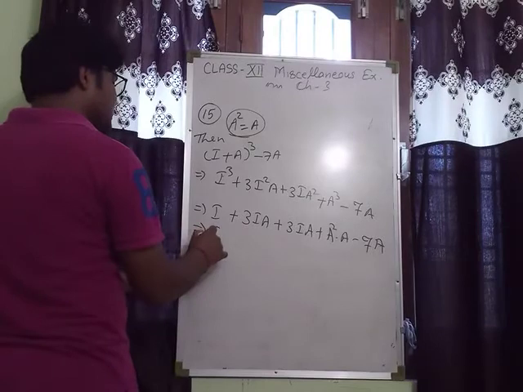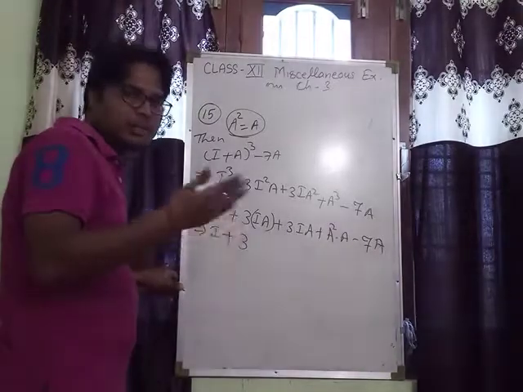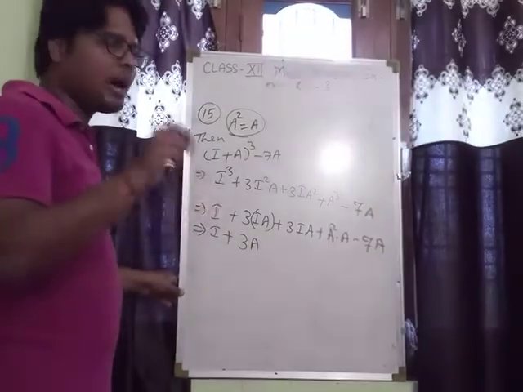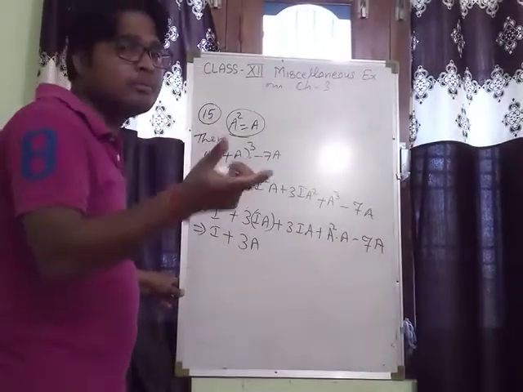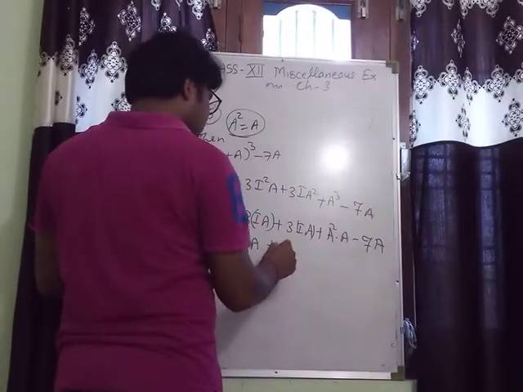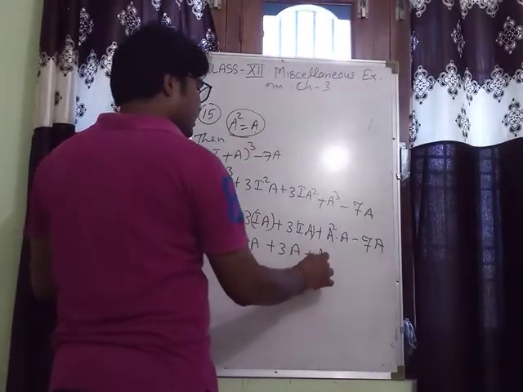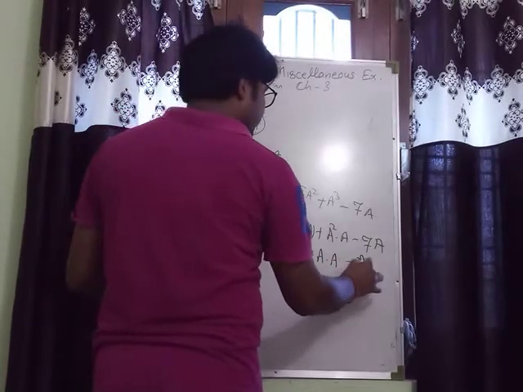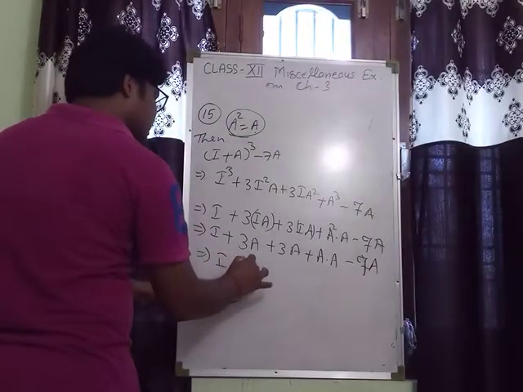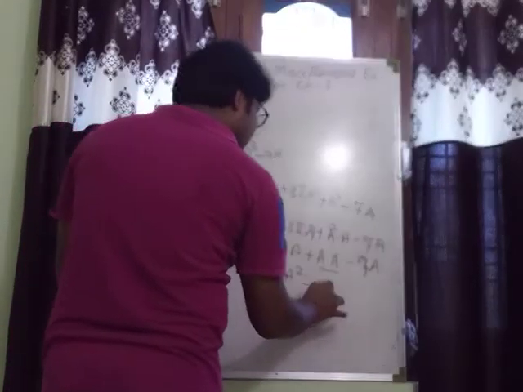Now I plus 3 I into A, because I is the identity element for matrices, should be equal to A. I is the identity element, so if you multiply I with any matrix, you get the matrix itself, meaning I into A is equal to A. Again here A square is A, so this is A into A, minus 7A. That is I plus 3A plus 3A, 6A, plus A square minus 7A.